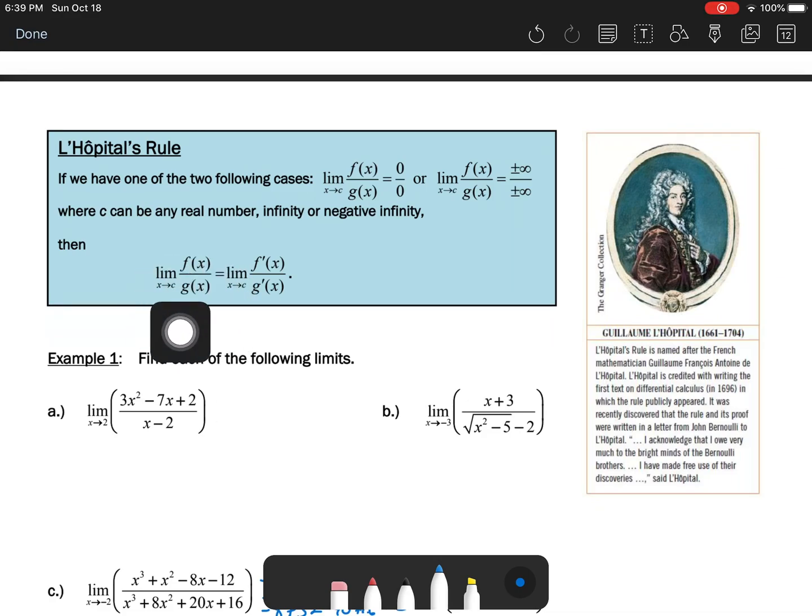But if, when we directly substitute, that yields one of these indeterminate forms, what we can do is take the derivative of the numerator and the denominator and then substitute that constant in. If we get another indeterminate form at that point, we can take a derivative again, a second derivative. Okay, so that is what we're going to show here.